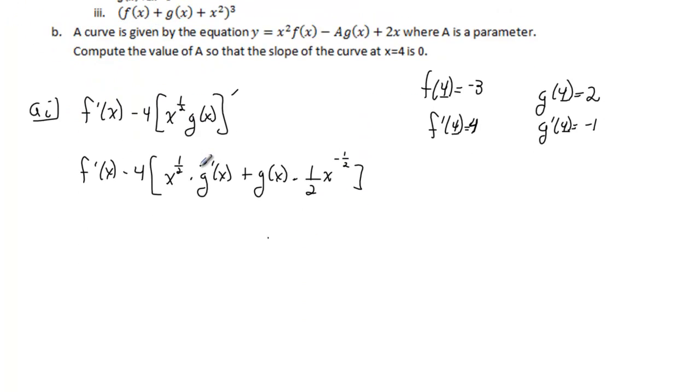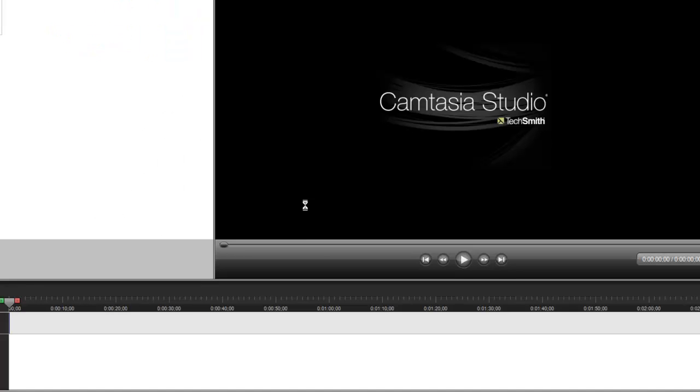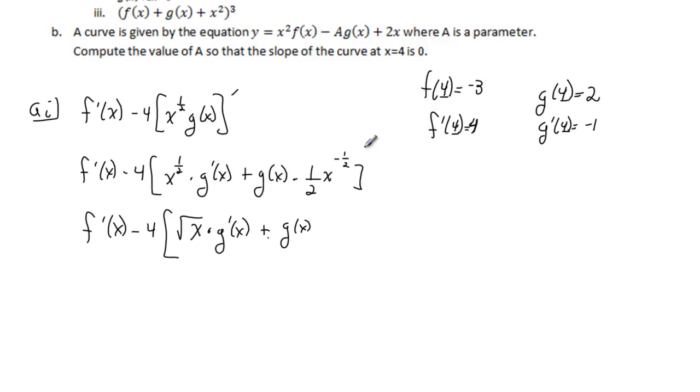I'm going to go ahead and clean this up ever so slightly. I'm going to keep my -4 out in front, so I have f prime of x minus 4 times the quantity square root of x times g prime of x plus g of x all over 2 times square root of x. So the 2 is on the bottom.